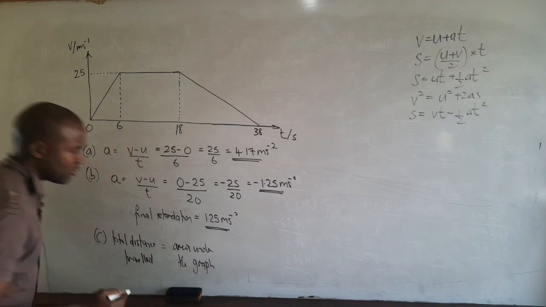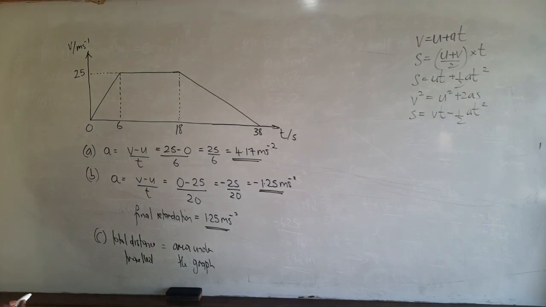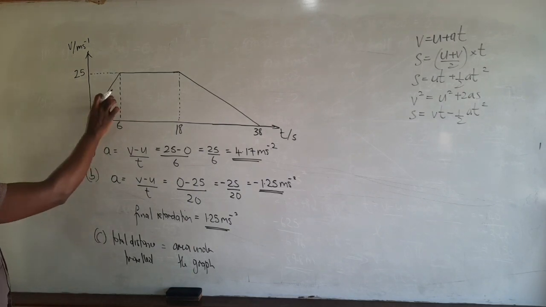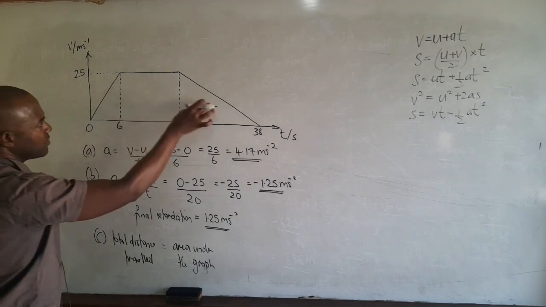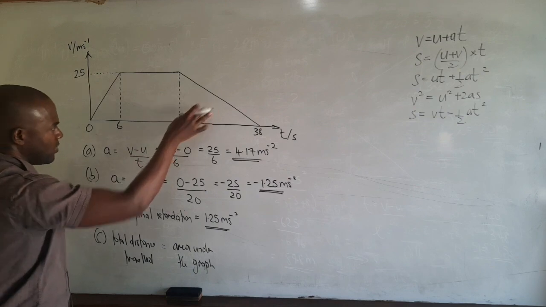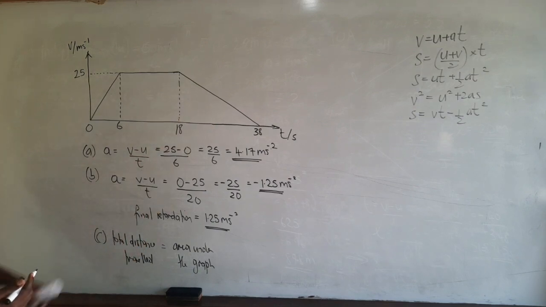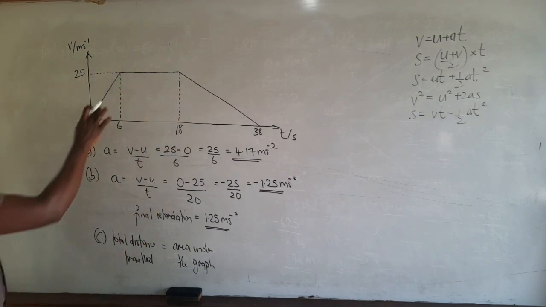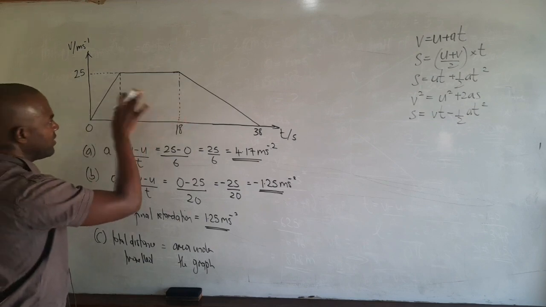All right? So we can find the total area under the graph, and this will actually give us the total distance traveled. So this first section, of course, is a triangle, a rectangle, another triangle. We can find the individual areas of each section and then add them up. Well, of course, you could also use the formula for the area of a trapezium, but let's do it section by section and then add them all up, right?